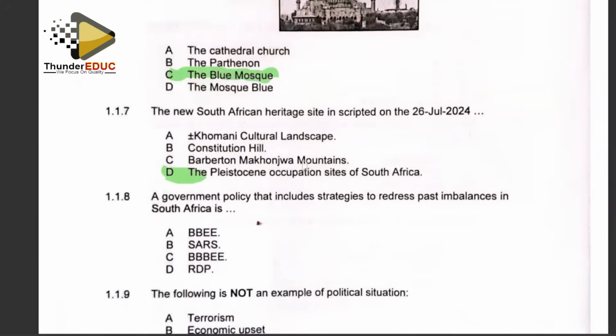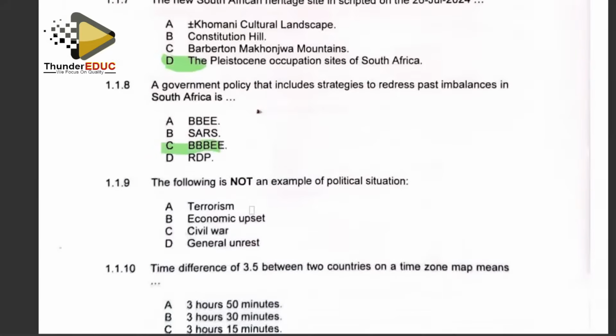Then 1.1.8, a government policy that includes strategies to redress past imbalances in South Africa is known as the BBEE. Then 1.1.9, the following is not an example of a political situation.